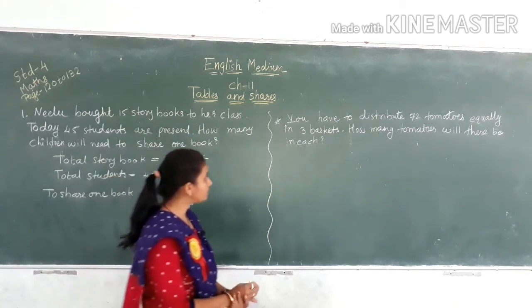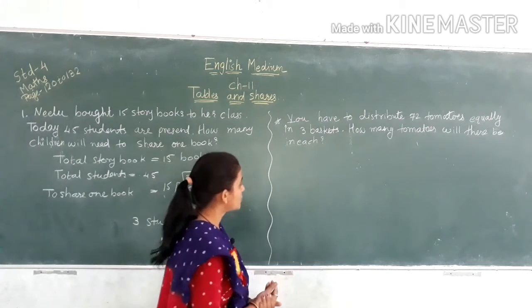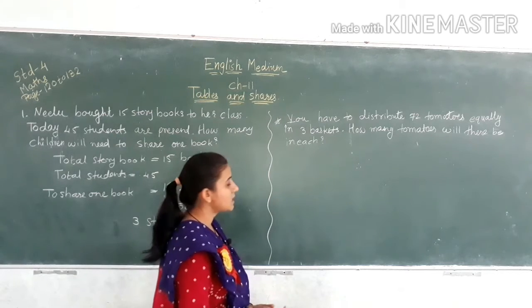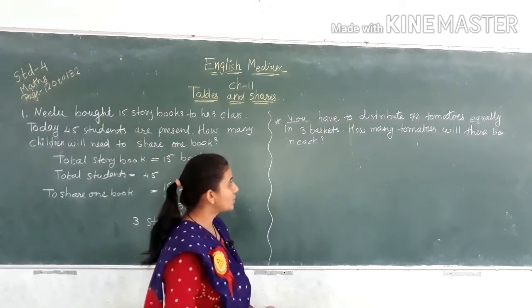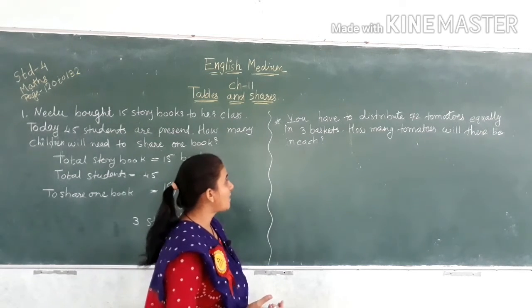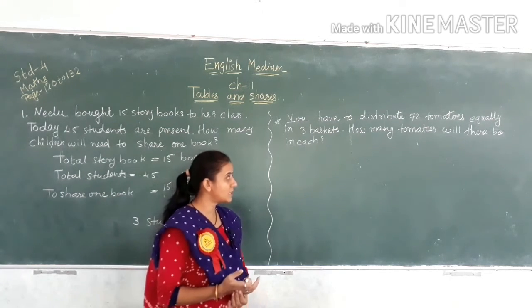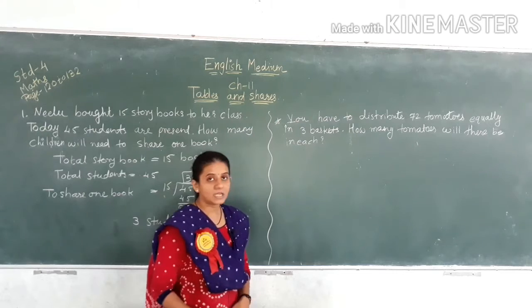Now next one. You have to distribute 72 tomatoes equally in 3 baskets. How many tomatoes will there be in each?